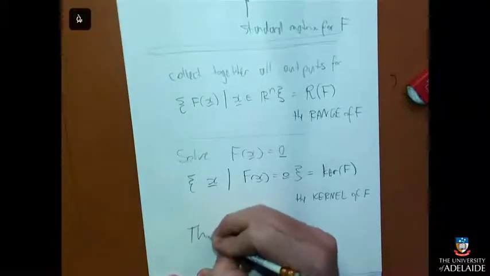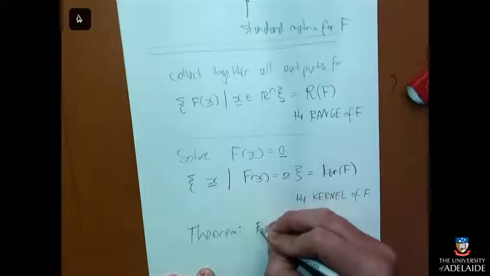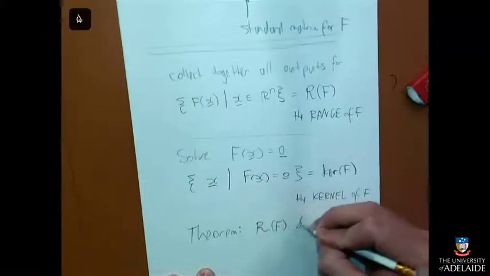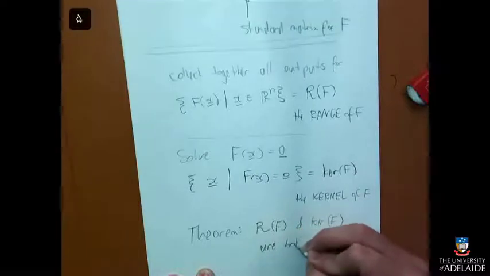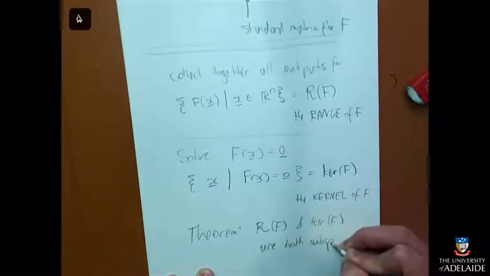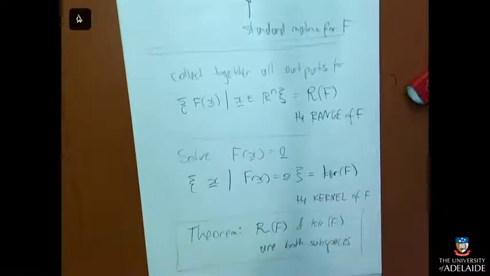So there's some theorems. The range of f and the kernel of f are both subspaces. And why do I care that they're subspaces? Because once I know they're subspaces, I can start building them out of other vectors.